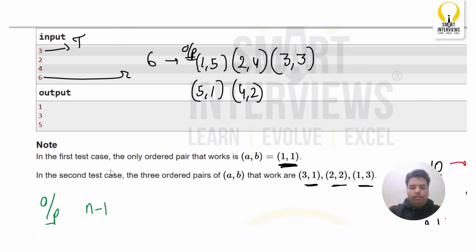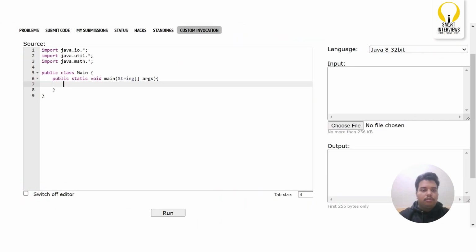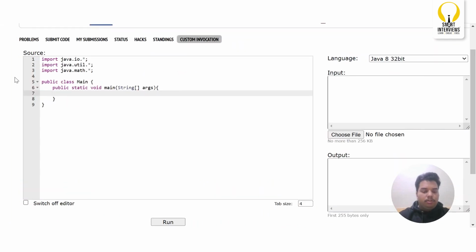So I hope the code will be very easy. Let's quickly see it. I am using the default custom test case given by Codeforces. Since we are using Java, we need a Scanner class to take the input.